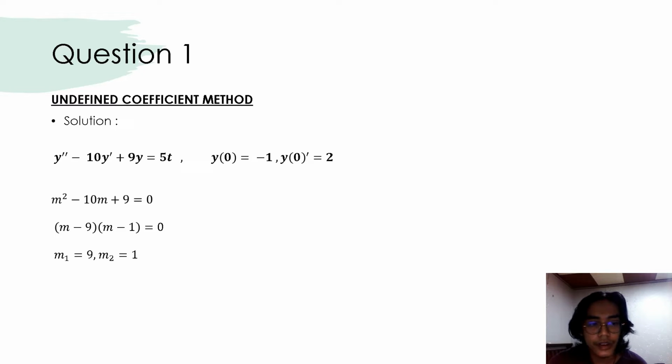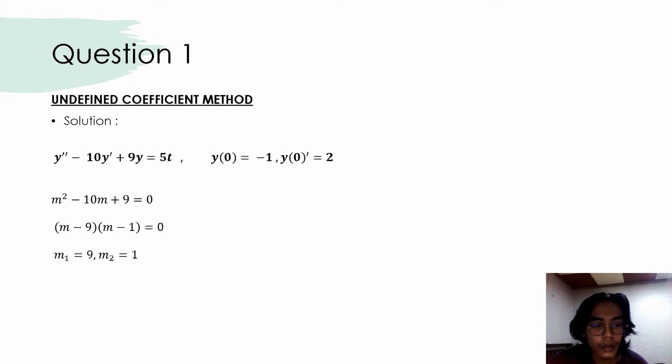And then by using the undetermined coefficient method, which is the first method to answer this question, the first step is we need to find the value of m1 and m2 by replacing the y with m in the equation, and then make the equation equal to 0.